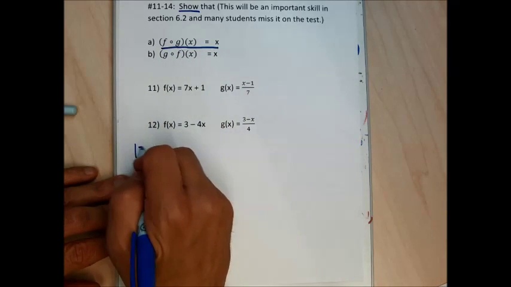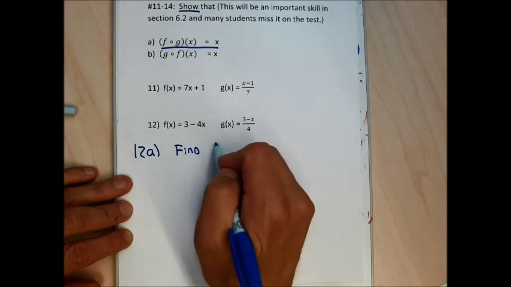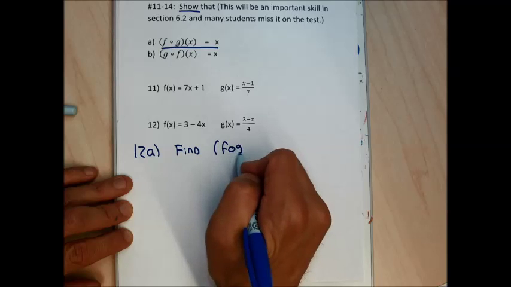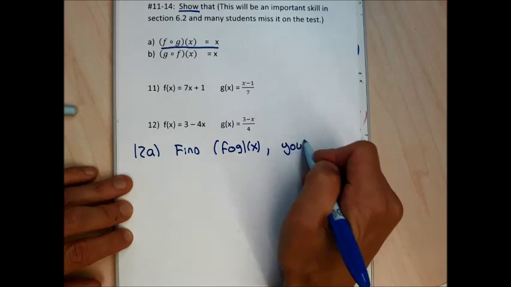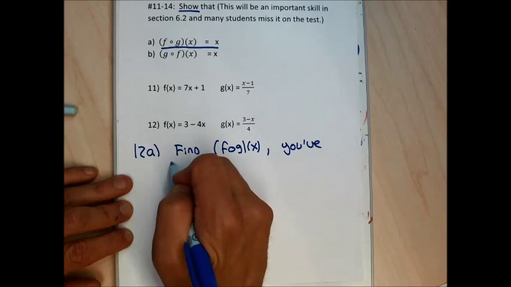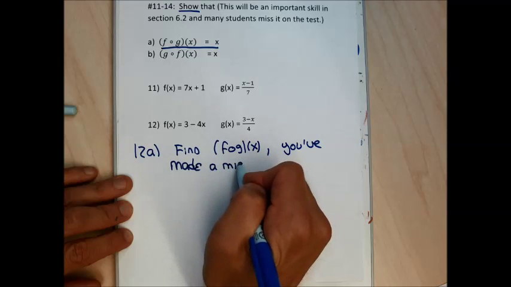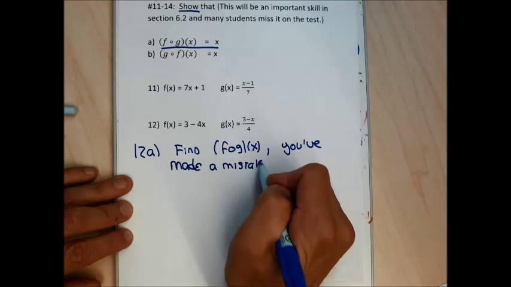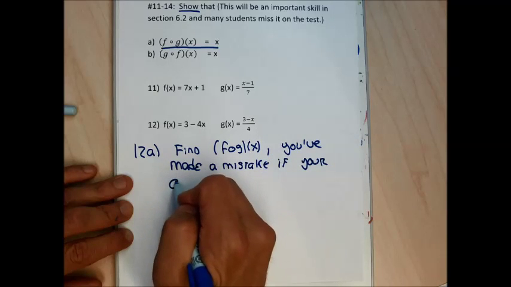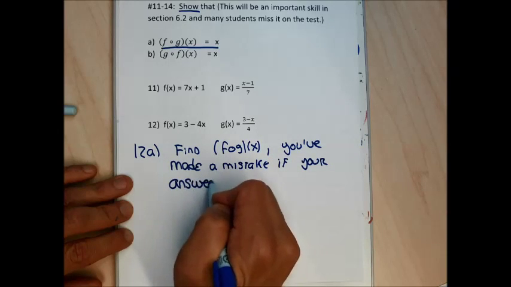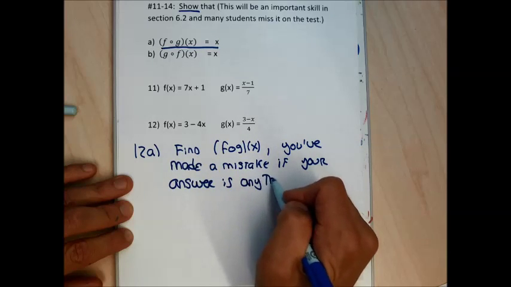In part 12a, it could really just say find f composed with g of x, and you've made a mistake if your answer is anything other than just the single letter x.